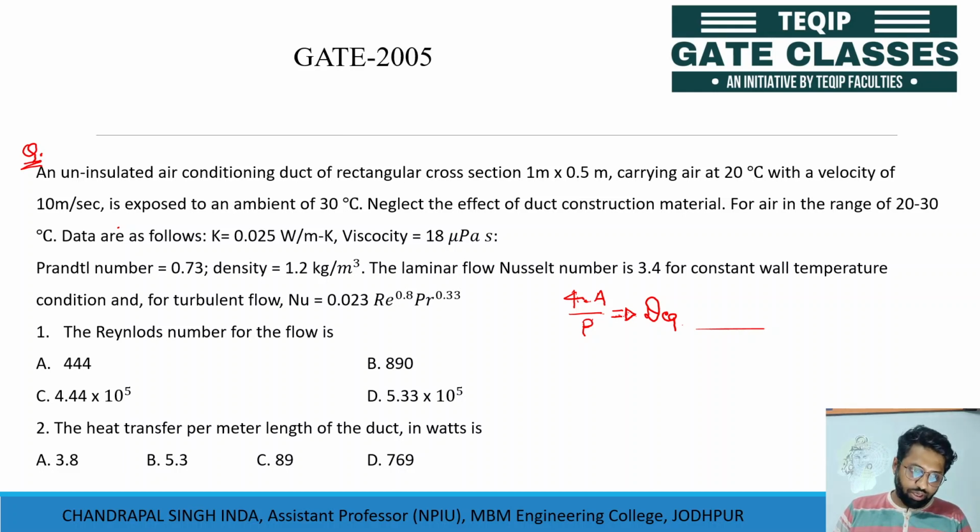4 into area, the area will be 0.5, divided by the perimeter.